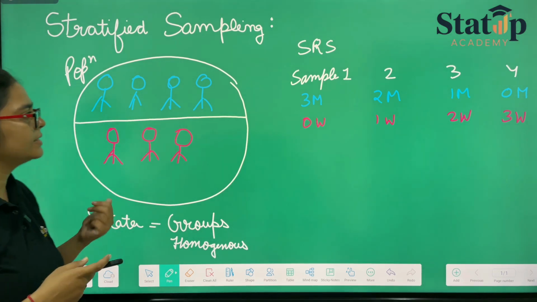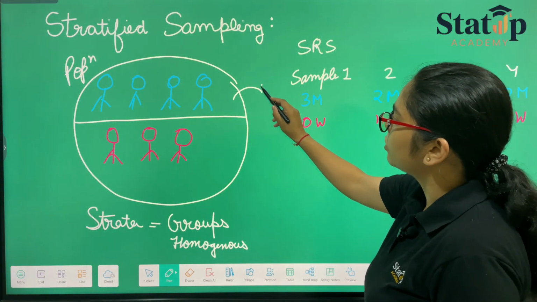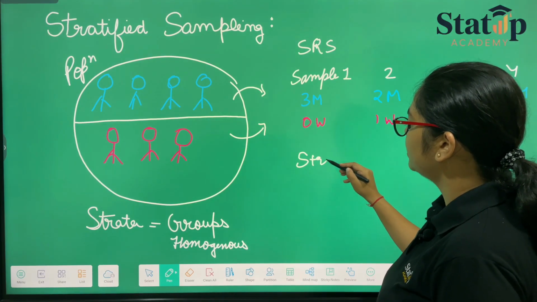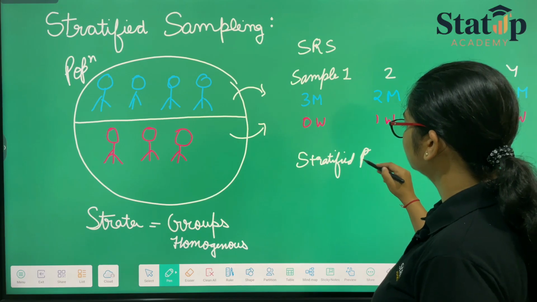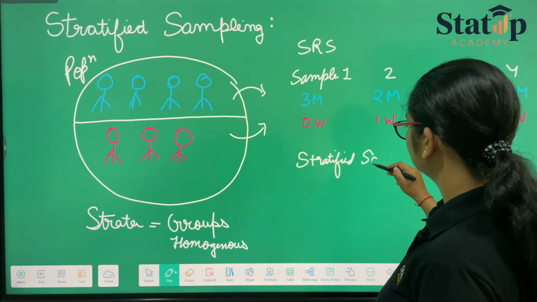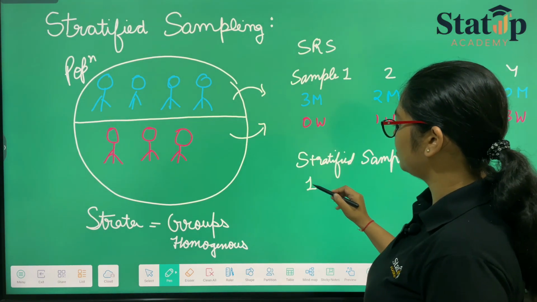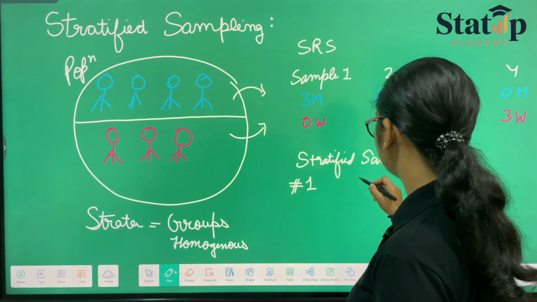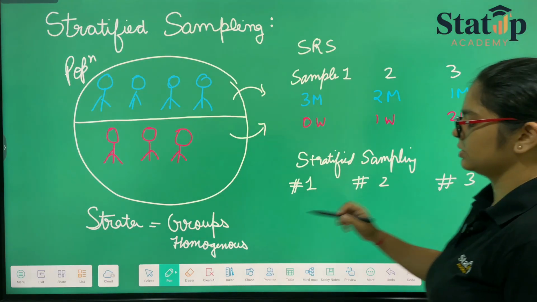Now, if we take a stratified sample, we will take one man from here and one woman from here. So our sample in stratified sampling would be sample number 1, and sample number 2 and 3. Let us consider 3 samples.